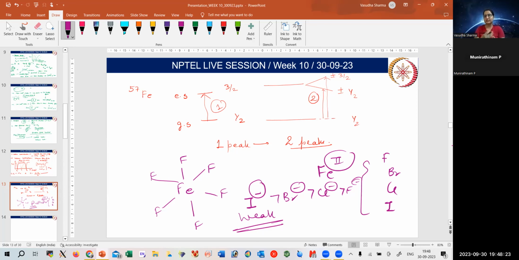When d electron density is more, that gives more shielding, so a less negative value. So you're understanding my point. There could be a question regarding more negative relative to the other one, or it is being asked more positive relative to the other. So both the options could be right if the question is framed correctly.